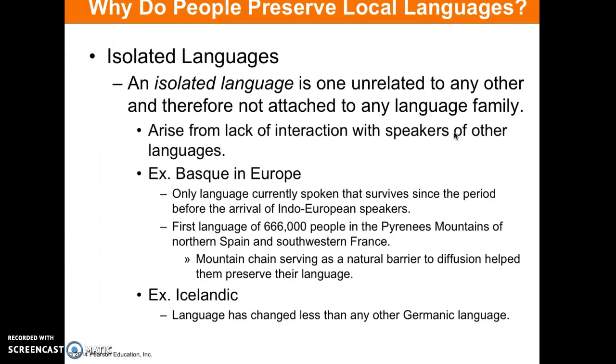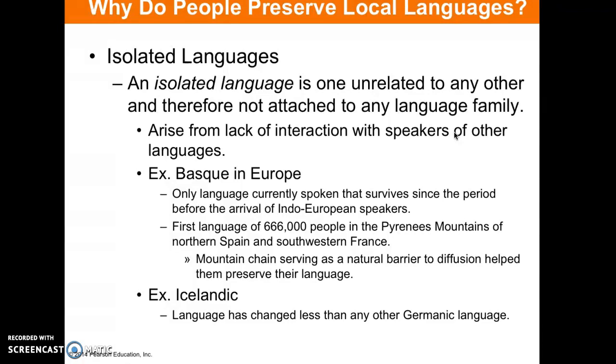We also have isolated languages, and these isolated languages are not necessarily related to any other language, so they're not going to be attached to another language family. So like the Basque language in Europe is not related to the other Indo-European languages. And so they think it predates the arrival of Indo-European speakers, and it's like the surviving language from when the people would have come in with the Anatolian or the Kurgan migration.